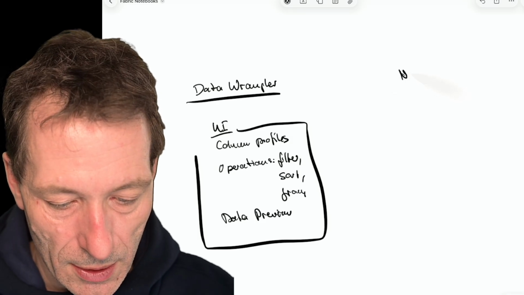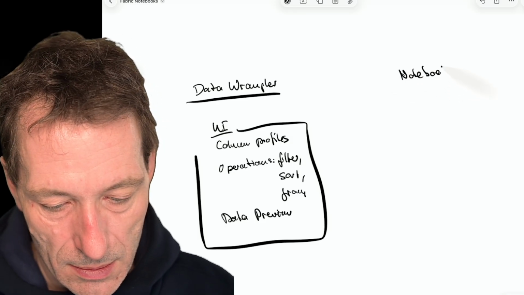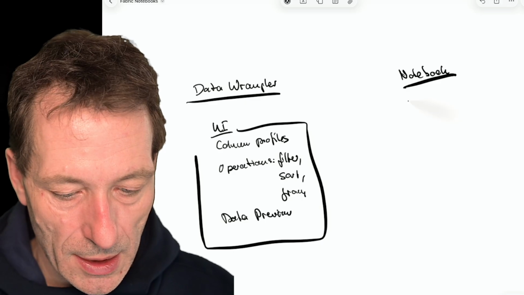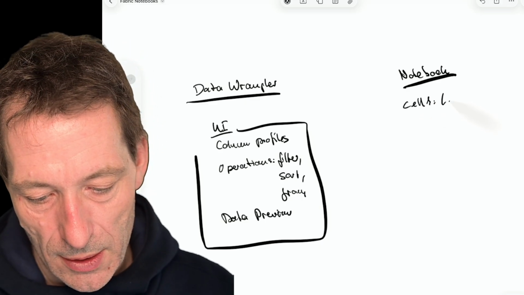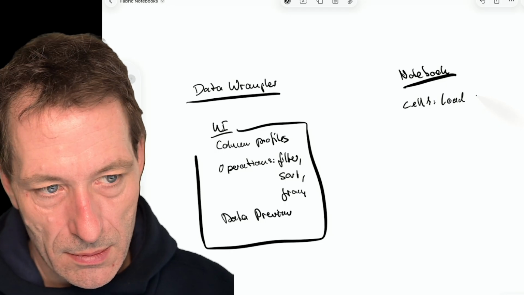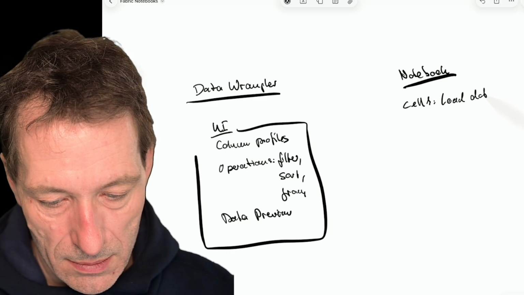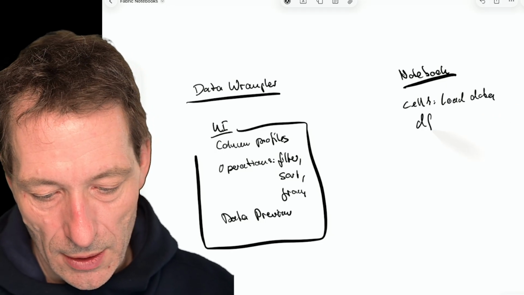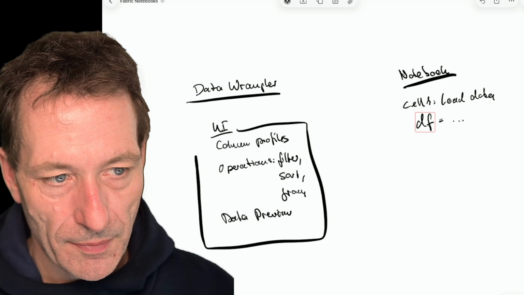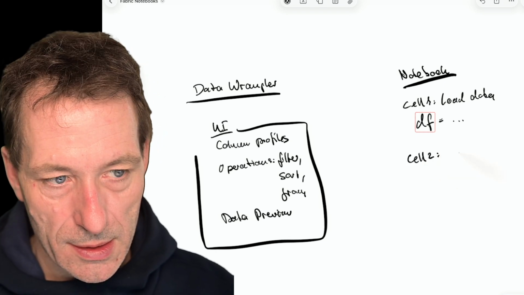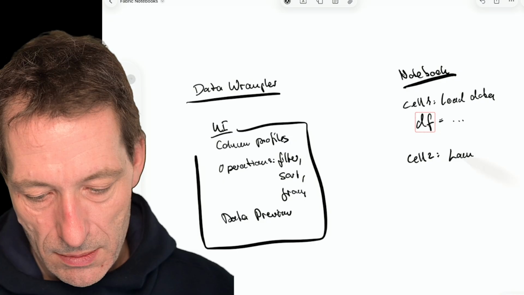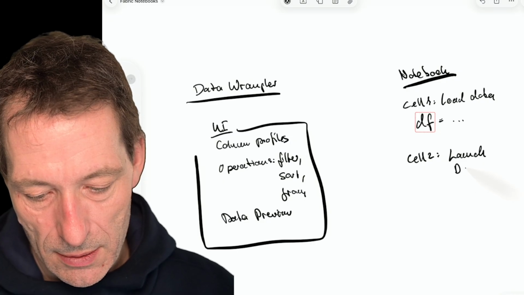You have the notebook here. Cell 1 is load data. Means data frame equals something. Cell 2 says launch Data Wrangler.